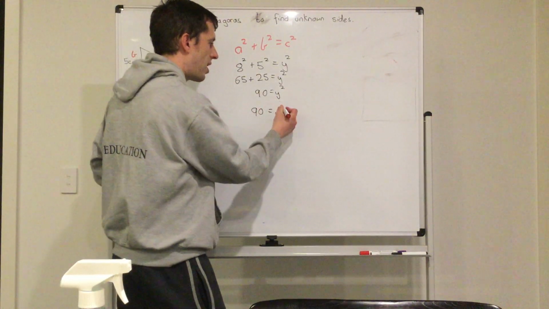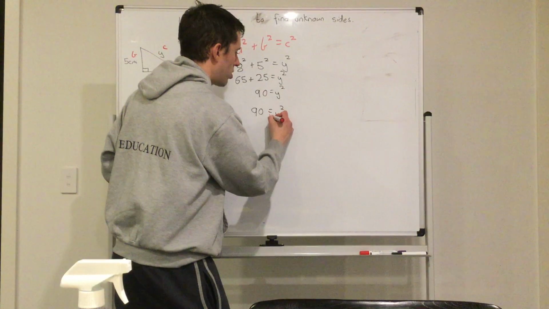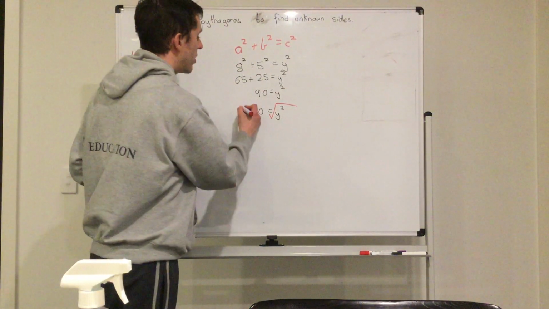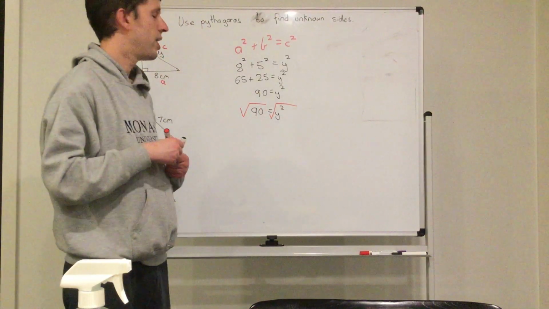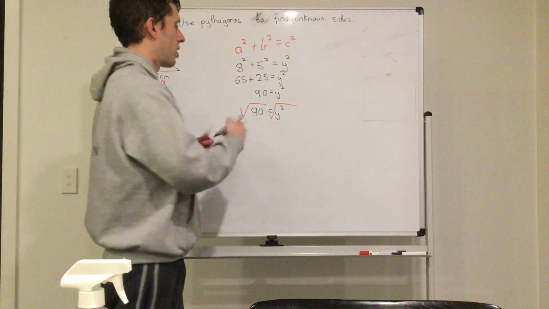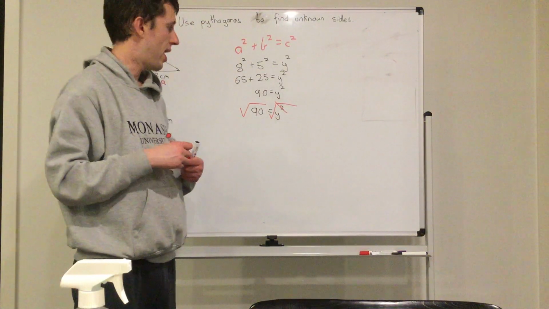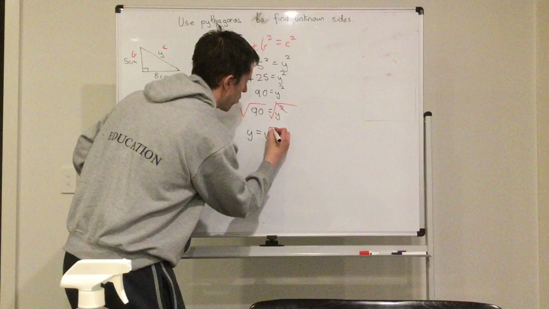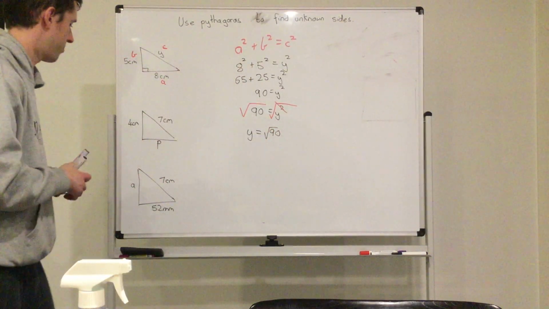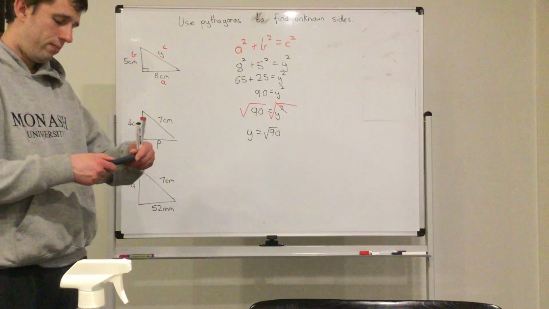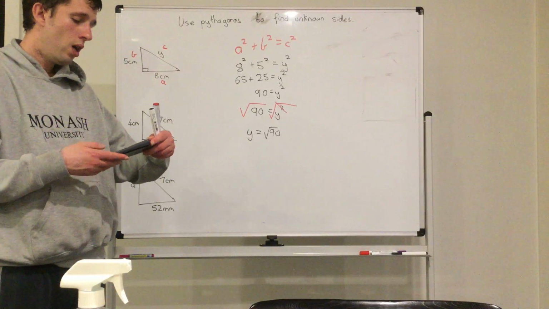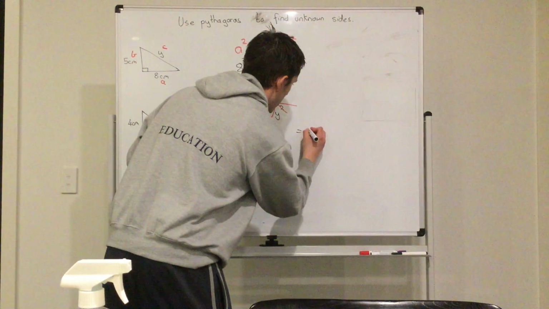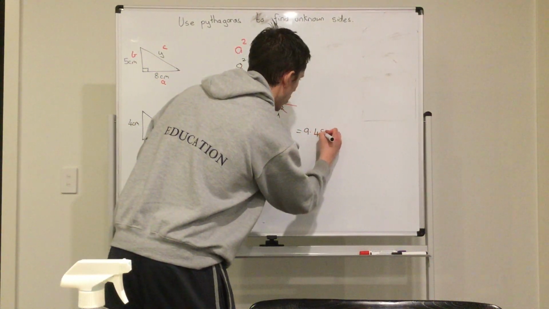So to cancel out the squared, I need to square root. If I square root one side, I'm going to square root the other. And it becomes, they cancel out. And it just becomes Y equals the square root of 90. If I use my calculator, the square root of 90 is 9.48.